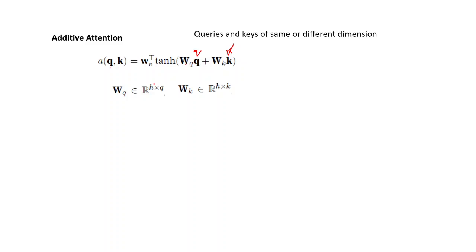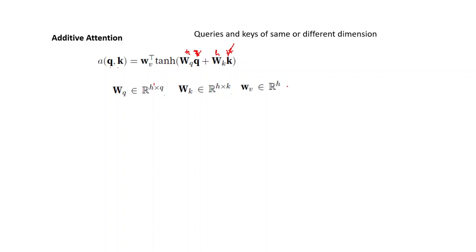When you multiply Wq with q, the resultant will be of dimension h, and this resultant will also be of dimension h, and naturally your Wv also has to be of dimension h.